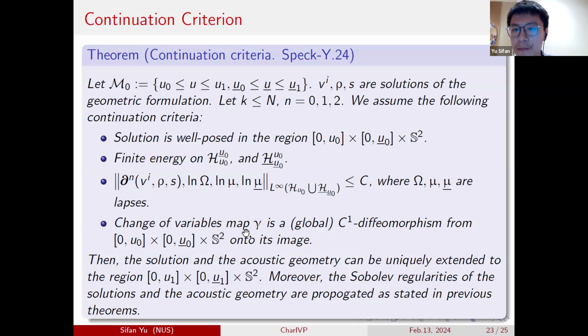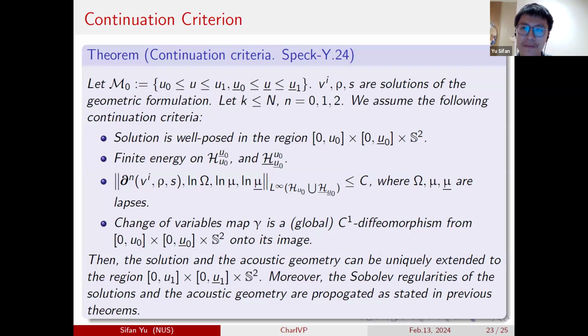The last one is the most important one that I mentioned before. You need your change of variable map to be a C1 diffeomorphism. You can only get a local result based on your estimates, but it is unknown yet if you can get a global control over the change of variable map, or a global control over the injectivity radius, such that your sphere is well behaved all the way in your diamond.